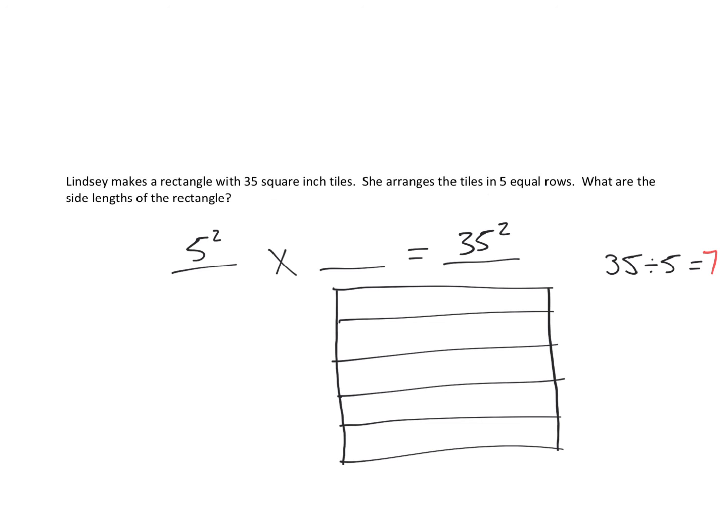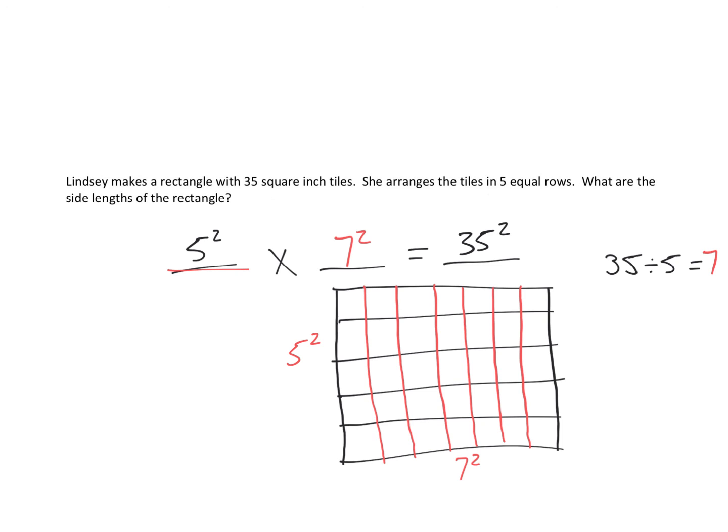So we need to draw 7 columns and fill in our multiplication sentence and our array. Okay, so once we've drawn our rows and columns, we can see that 5 times 7 is going to give us 35. So our array has an area of 35 square inches.